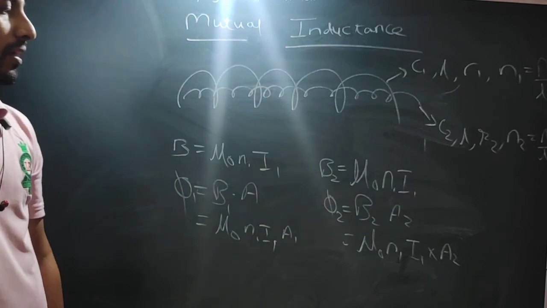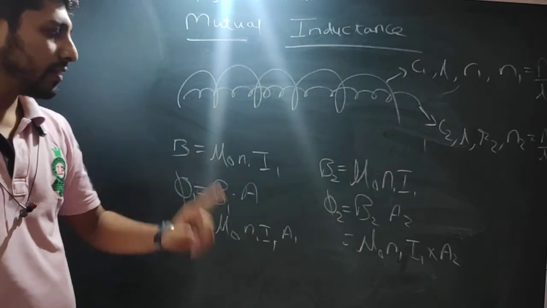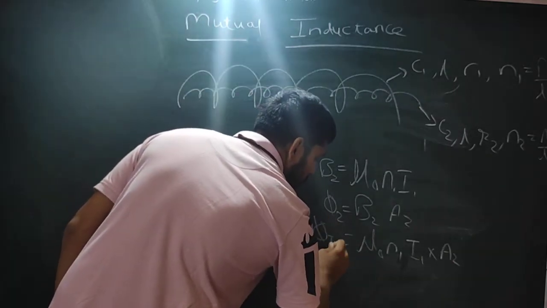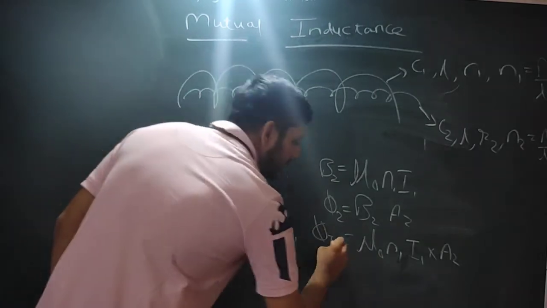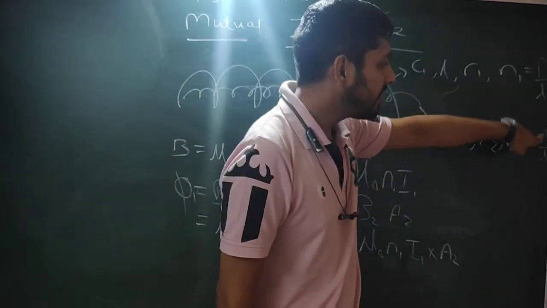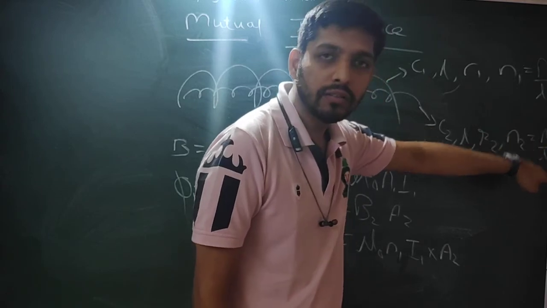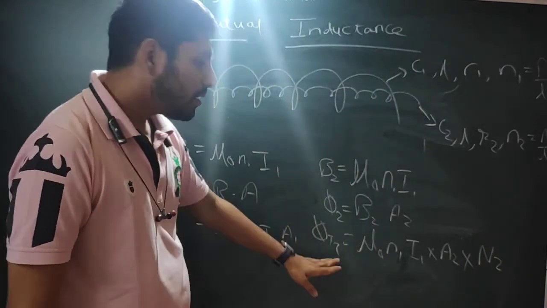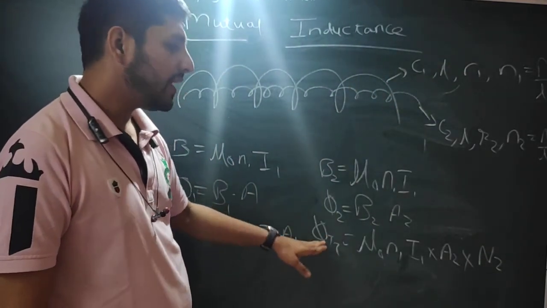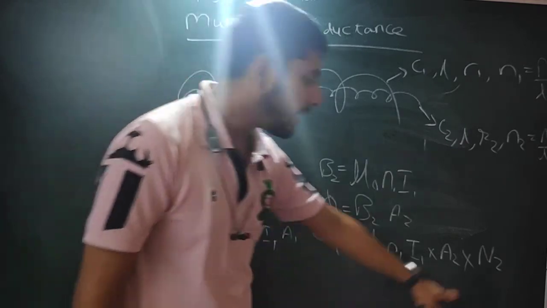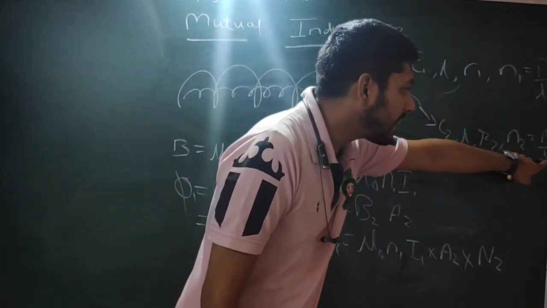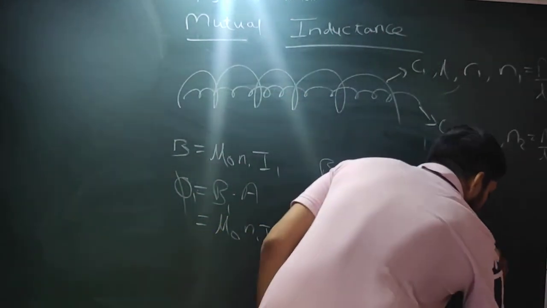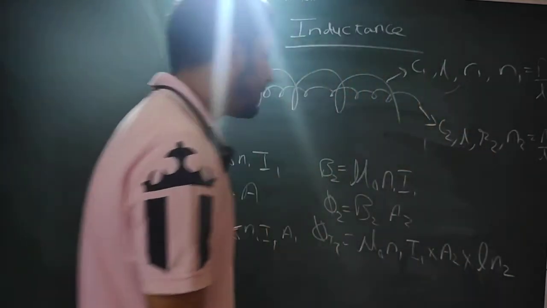If this is the flux in a single turn, then what will be the total flux in all the turns? The total flux phi T2, for N2 turns, will be N2 multiplied by the flux. And N2 from here, I can write N2 equals L into N2. Can I write it in this form?